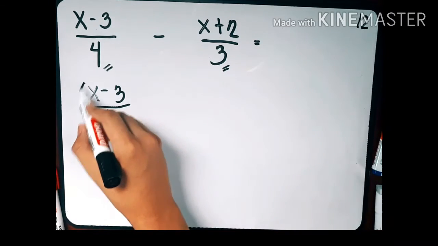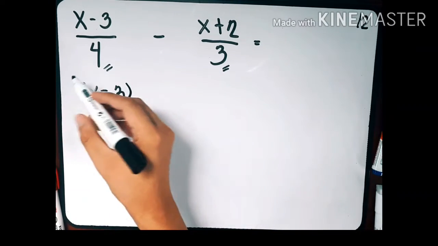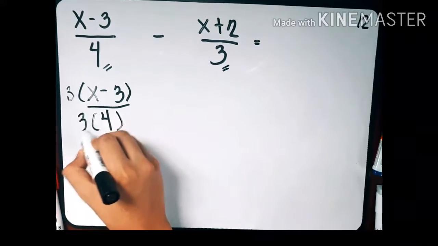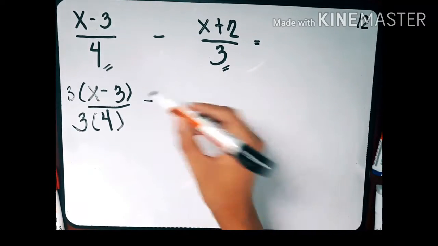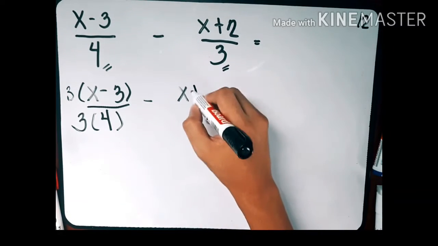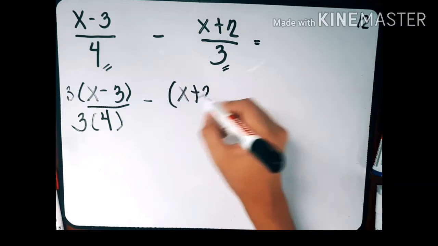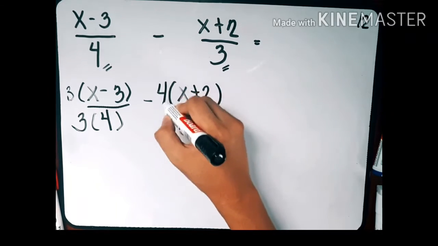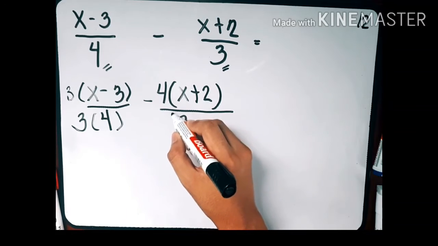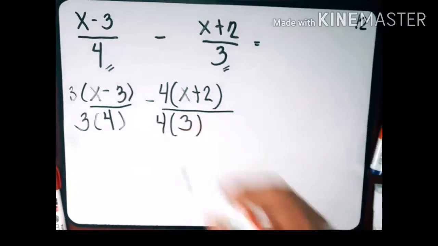Multiply lang natin both numerator and denominator by 3 para magkaroon kayo ng denominator na 12. So, next is minus x plus 2 multiplied by, this time 4 naman, over 3 multiplied by 4.